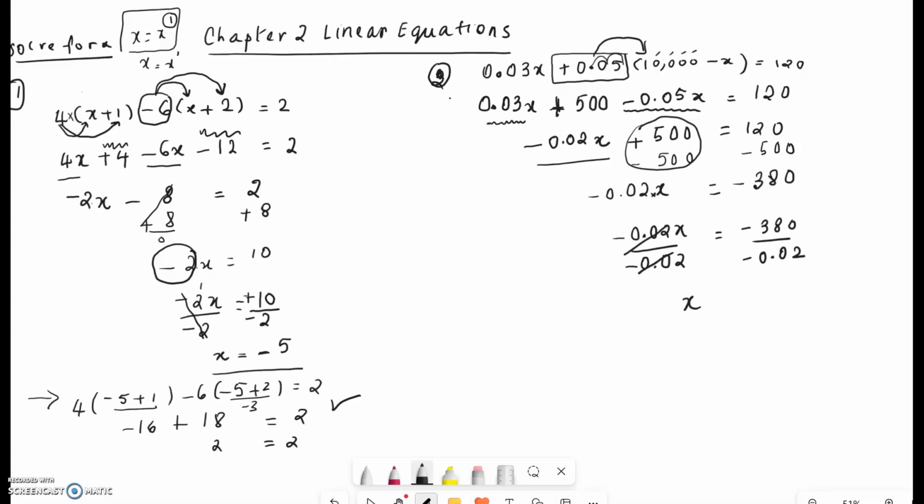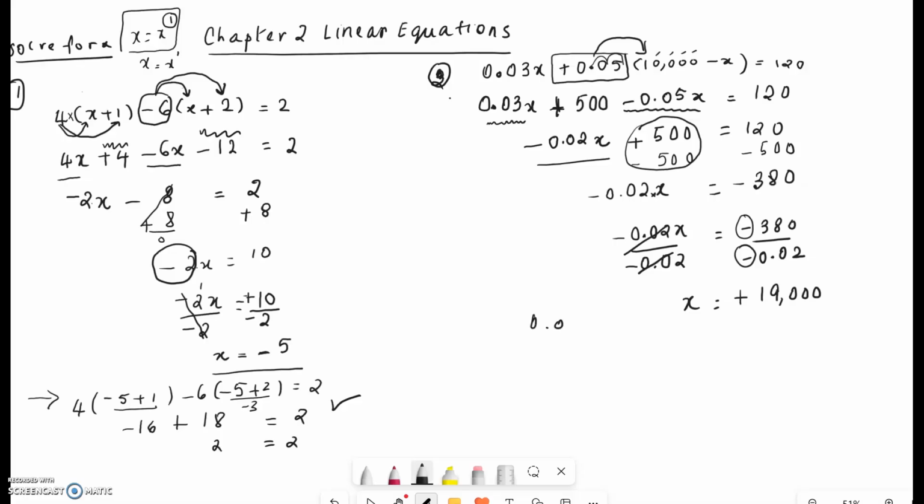Cancel the common factors, and x is equal to, let's use the calculator. So I know it's going to be a positive number because two negatives divided or multiplied make a positive, and that's 19,000. You can always plug the number back into the equation to double check, and you'll see that both sides are exactly the same.